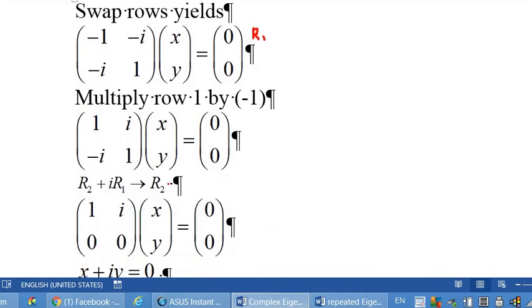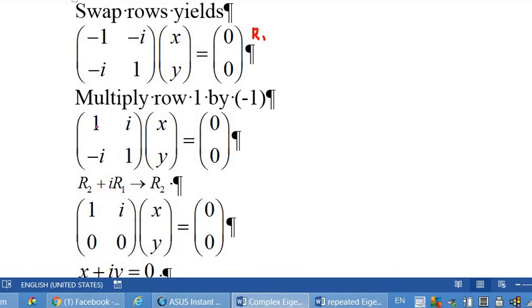Then by using suitable row operations, we eliminate the element in row 2, column 1 to become 0, where the row operation that we use is row 2 plus i R1.